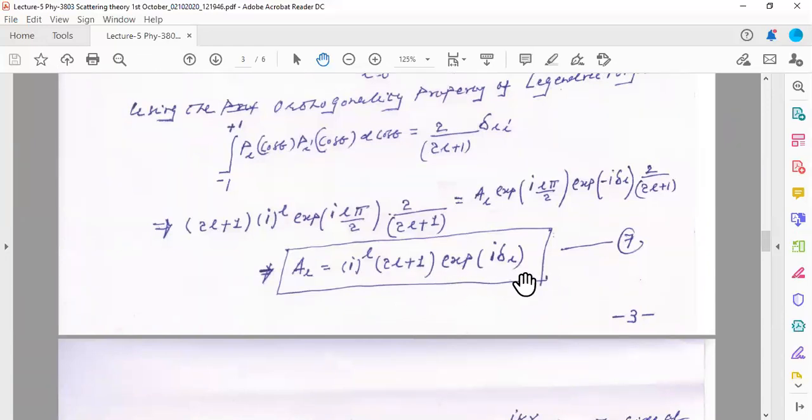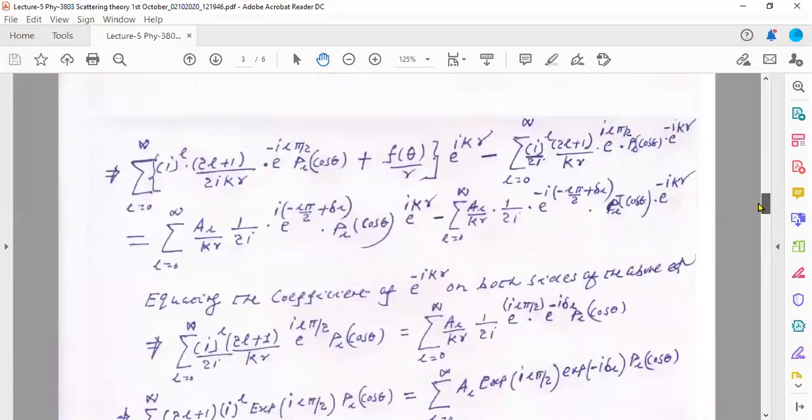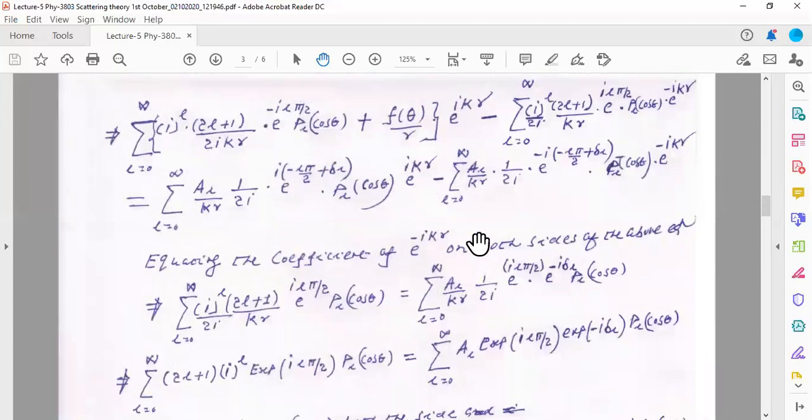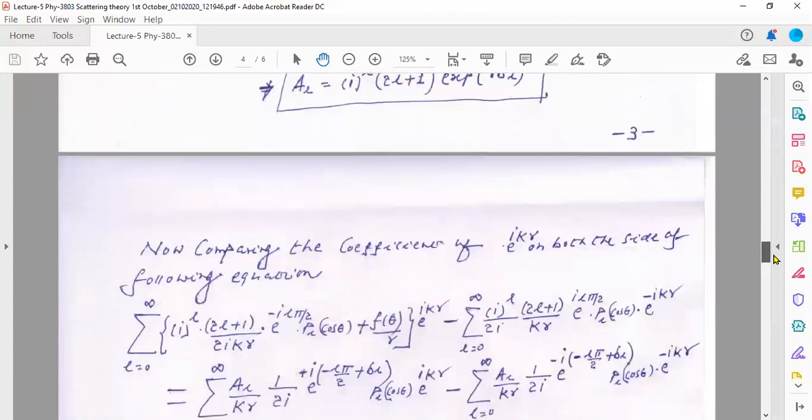Now once you know the value of A_l, we will compare the coefficient of e to the power plus ikr. You see, previously we compared the coefficient of e to the power of minus ikr. And now we will compare the coefficient of e to the power of plus ikr. So there is a term of e to the power of ikr on the left hand side, and there is also one on the right hand side. So now I am writing this equation.